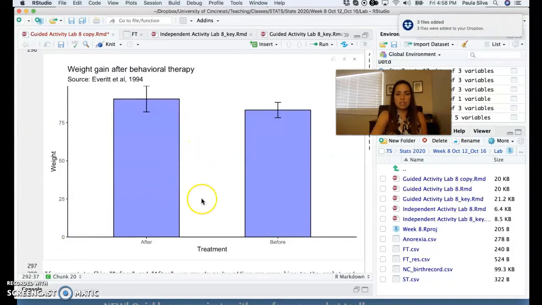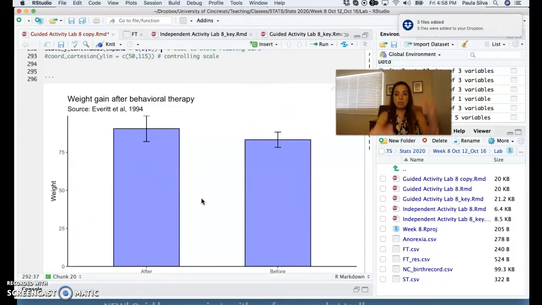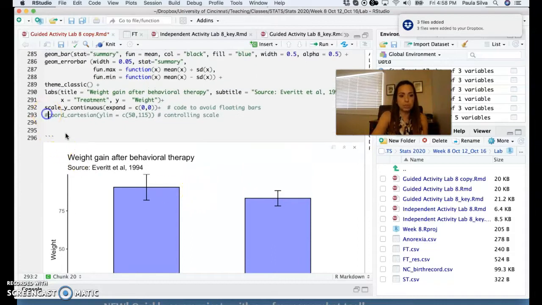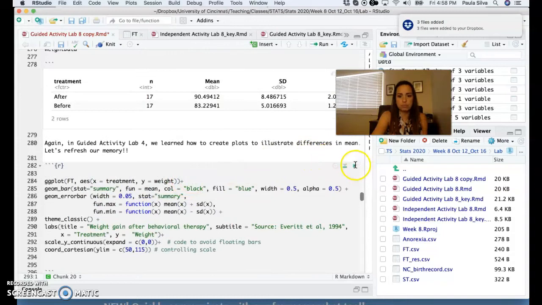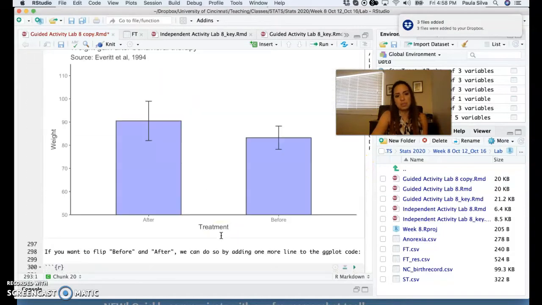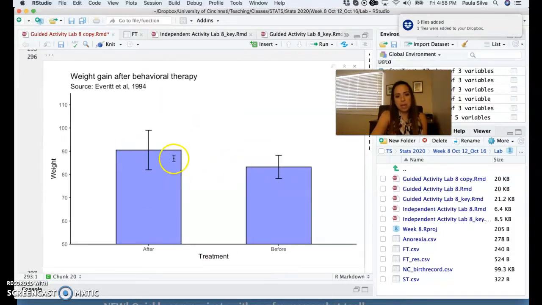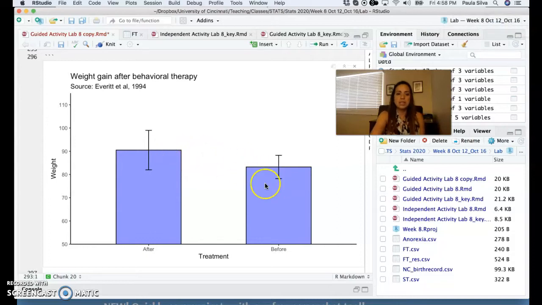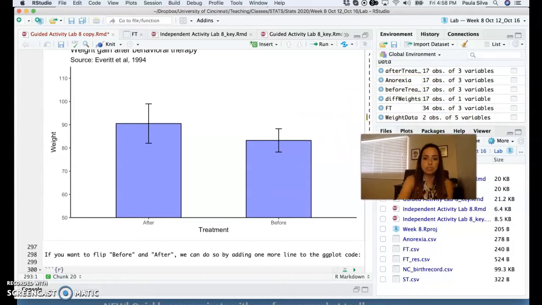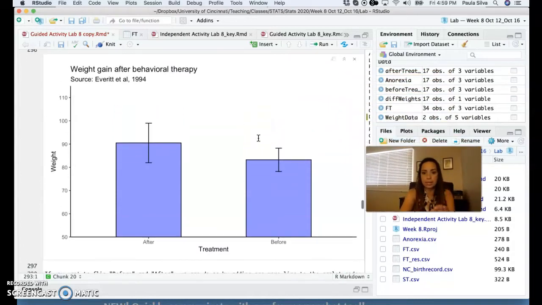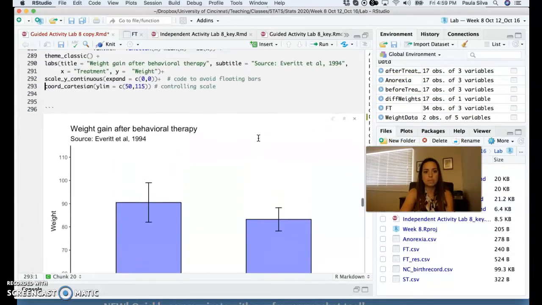Maybe you don't want to start at 0, just to magnify the difference a little bit between the two, so you can play around with that. So here I'm making it go from 50 to 115. And when you do that, you can see how the difference gets a little bit amplified. It's easier to see the difference in the bars. So you can do that as kind of a trick if you want. Not obligated at all to do something like this.